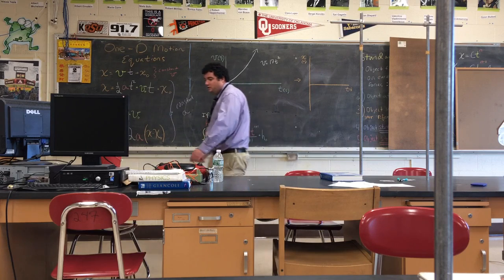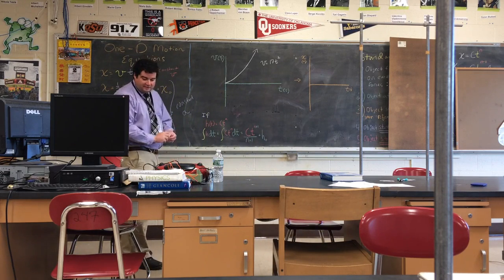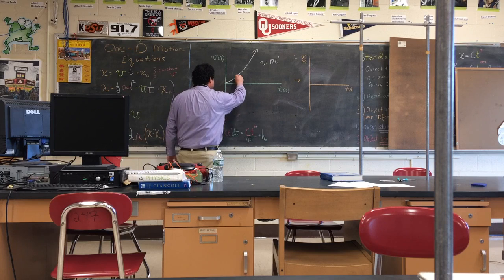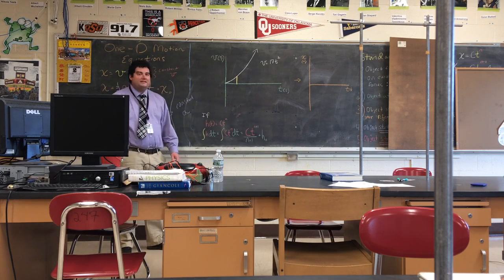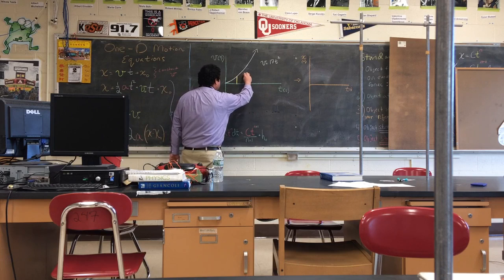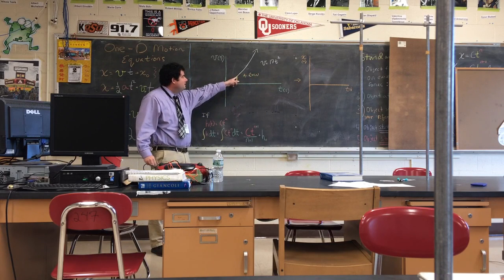Well, one trick you could use is you could take little slices. So imagine that that yellow line is a rectangle. The area would be length times width. And since the width is so small, it doesn't matter that there's an upward slope here.